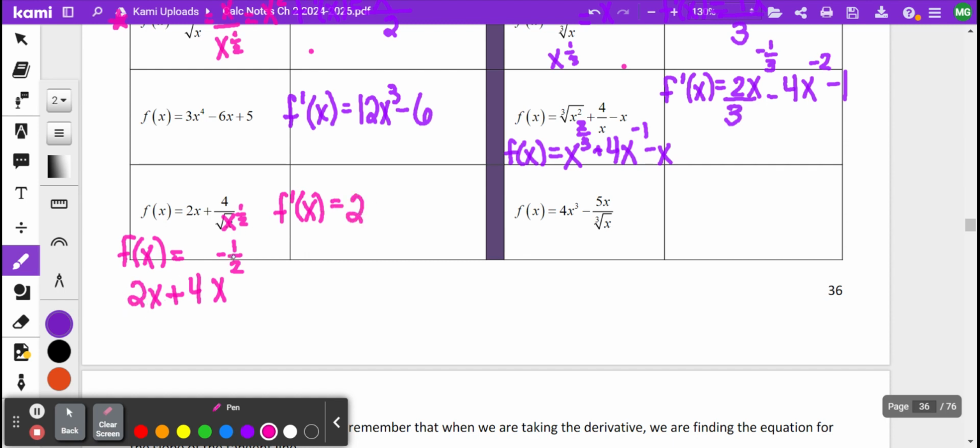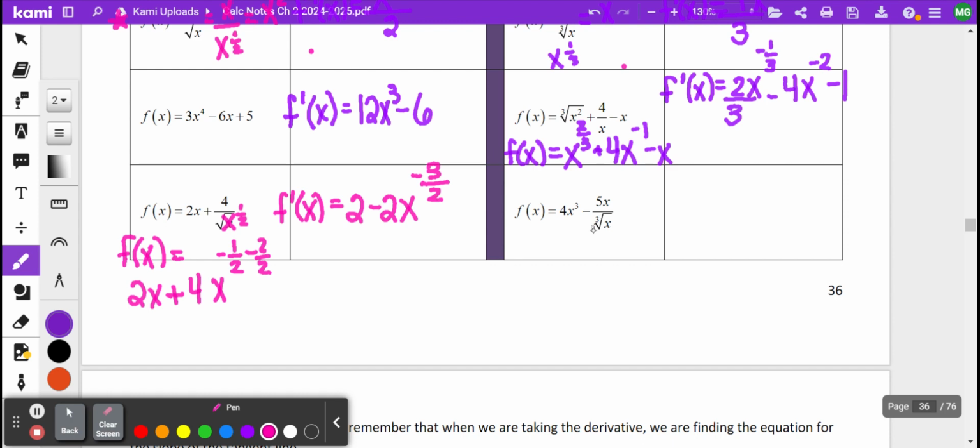And then we have negative 1/2 times 4, which is negative 2x to the, we're going to subtract 1 here. And again, you might be thinking of it as minus 2/2. So we get an exponent of negative 3/2.